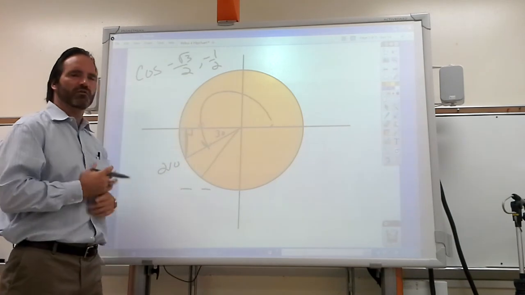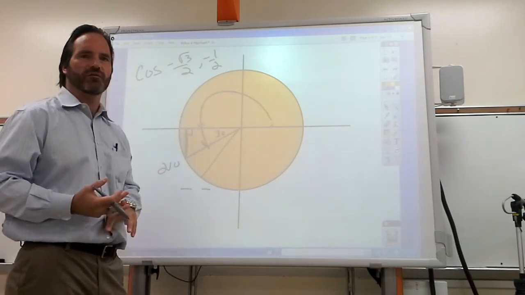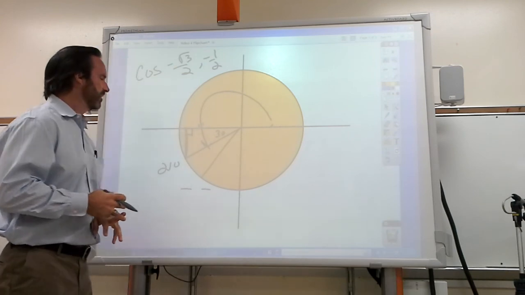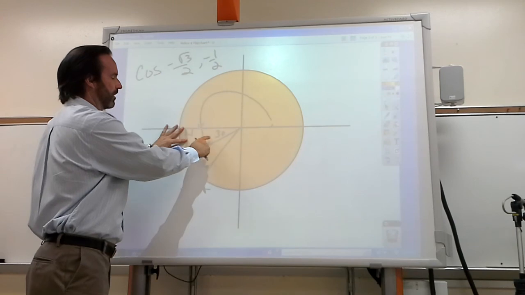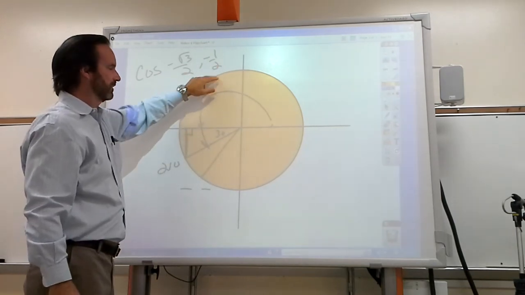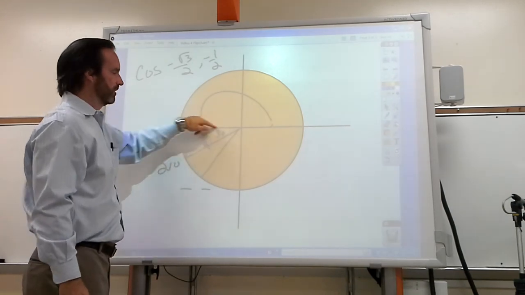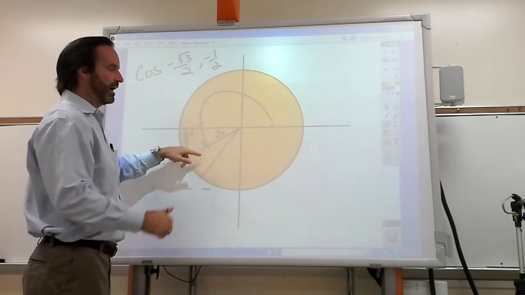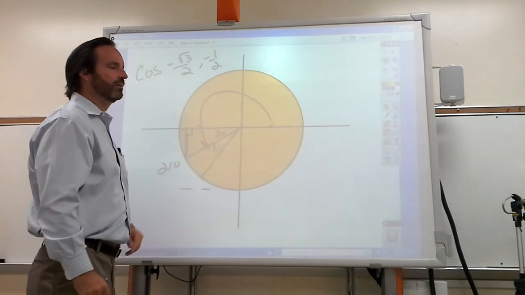Different angles will form different triangles, but you're basically going to deal with the 30-60-90 and the 45-45-90. Okay? Remember, opposite over hypotenuse, sine. Adjacent, which is x, over hypotenuse, and hypotenuse is 1, cosine, okay? All right? That's about it.